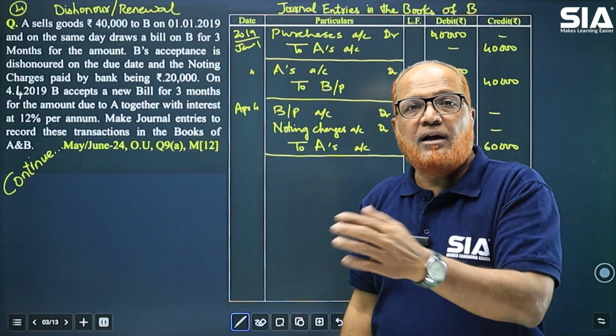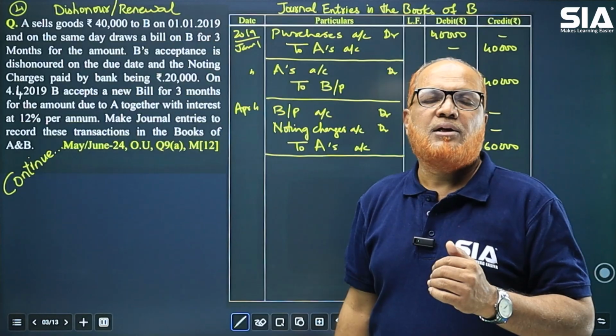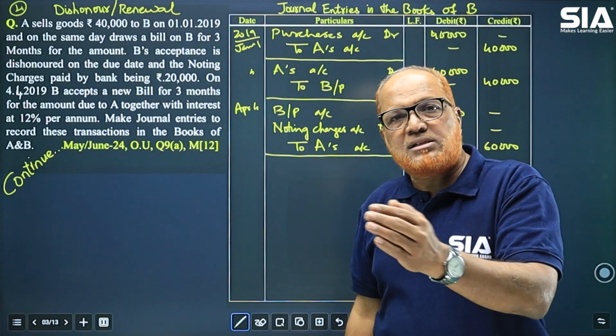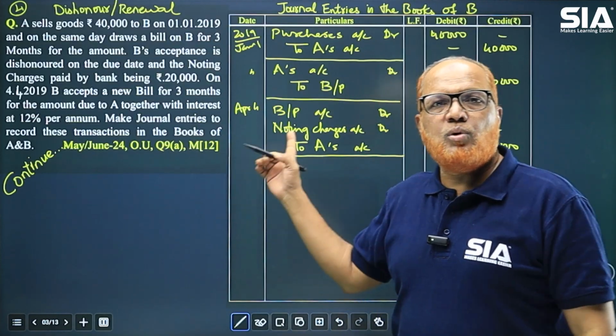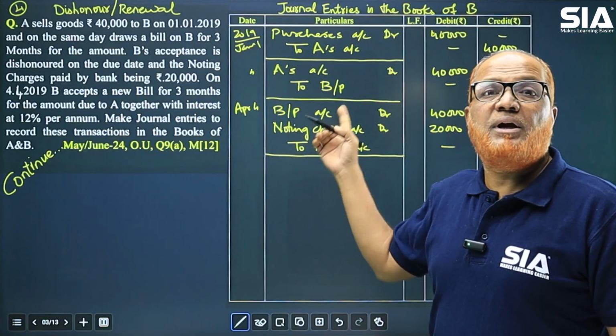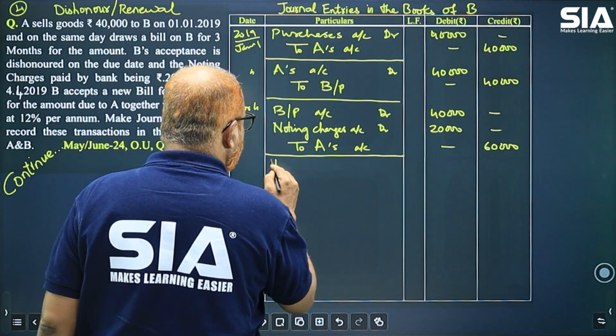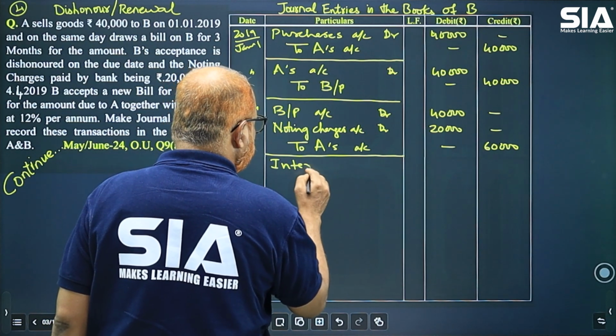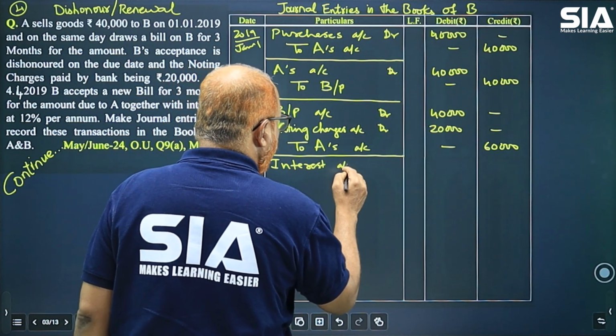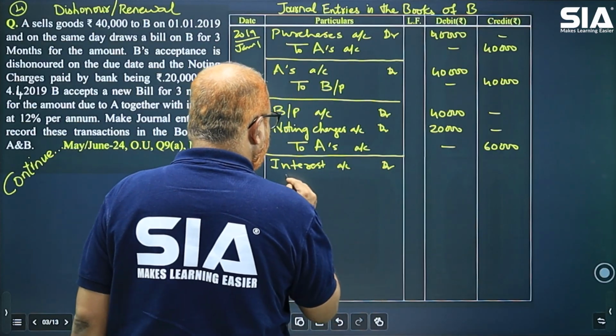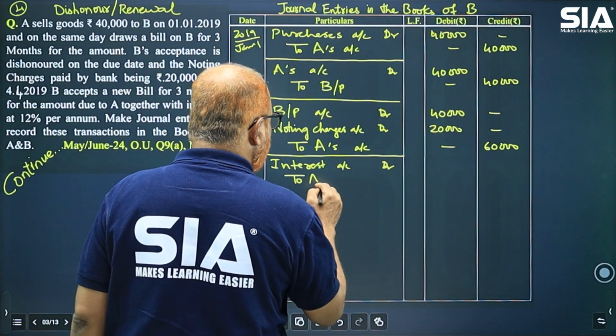For A, interest is a gain. So in A's books, interest is credited. In B's books, interest will be debited. It's an expense. So entry will be interest account debtor to A's account.